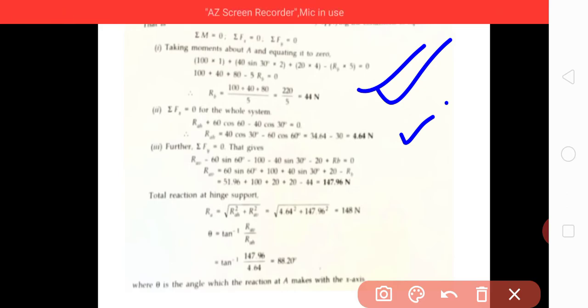Then further, summation F vertical is equal to 0: RA vertical minus 60 sin 60 minus 100 plus 40 sin 30 plus 20 plus RB equal to 0.